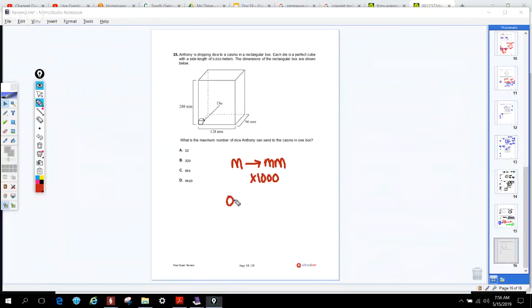So we're going to start off by taking 0.016 and multiplying that by 1,000, because that's going to convert it into how many millimeters each dice is. I got 16. So one die is 16 millimeters long.